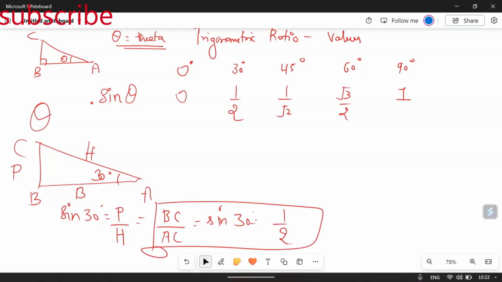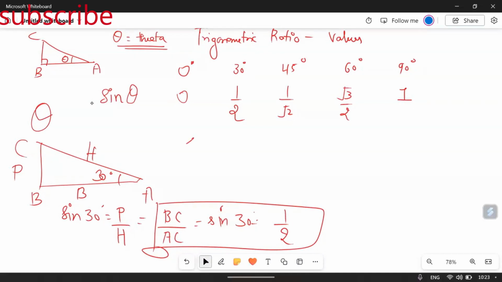Sometimes students get confused how to remember these values, so I'm going to give you a trick. First write down 0, 1, 2, 3, 4, then divide all by 4, and take the root.